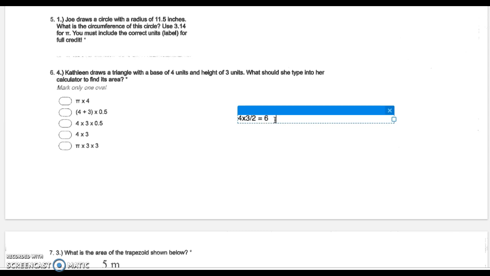But you can also take 4 times 3 times 0.5, and that would also get you 6, because dividing by 2 and multiplying by 1/2, or 0.5, is the same thing.